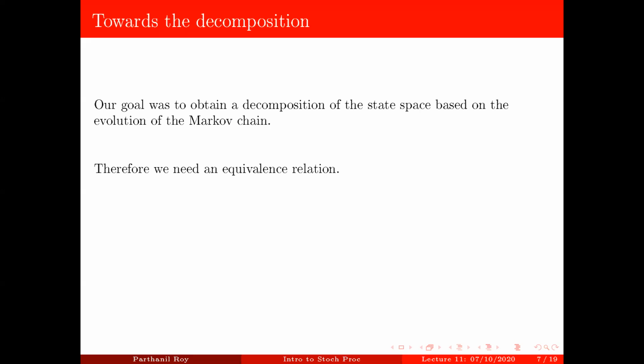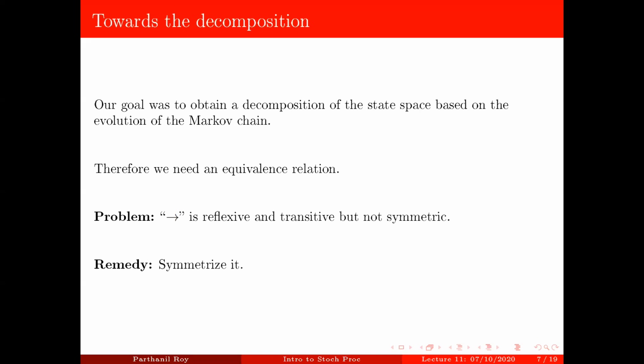However, this leads to relation has a problem. It's reflexive and transitive, but it's not symmetric. So we are almost there, except that the symmetry is not available. We just symmetrize it. That's the solution. So we'll just symmetrize this relation to get a symmetric relation, and that will be an equivalence relation.